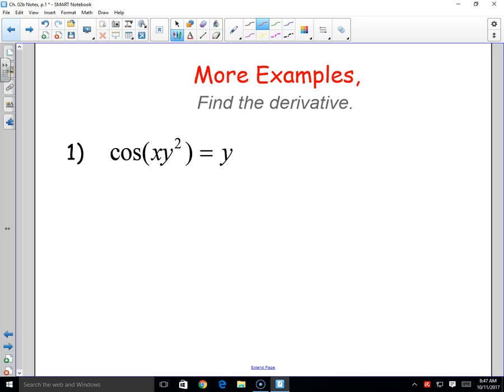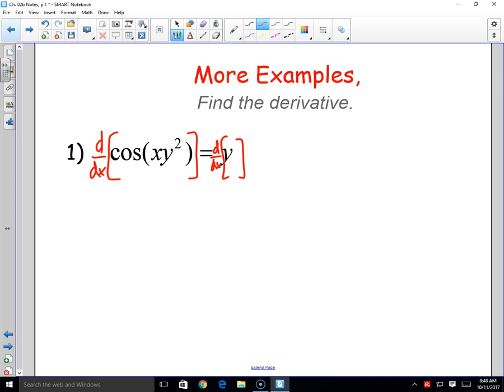It's written implicitly, x's and y's all over the place. So what are we going to do to both sides? Good. You guys see it's a chain rule on the left? Yes.